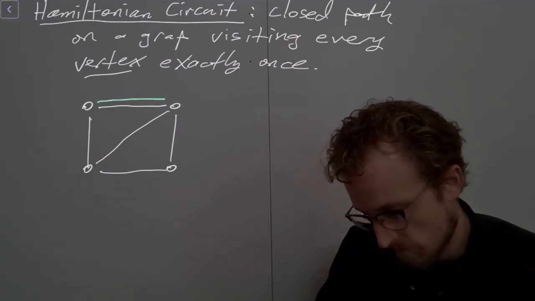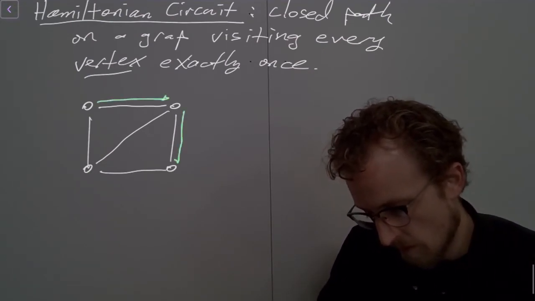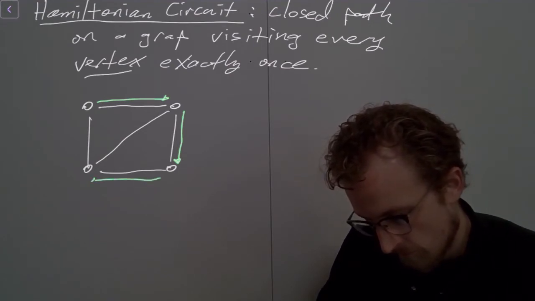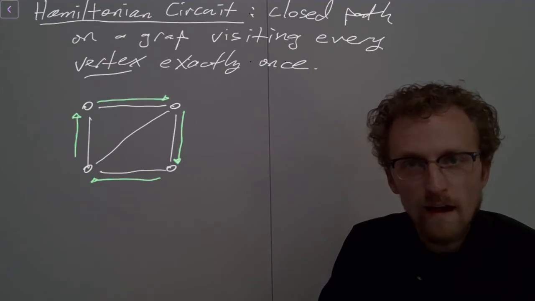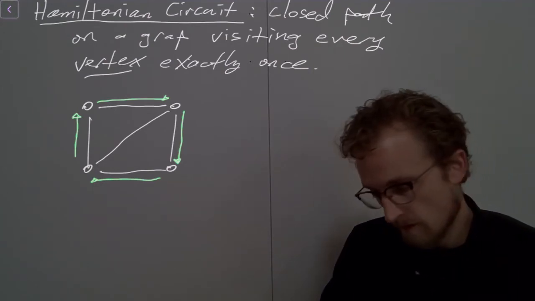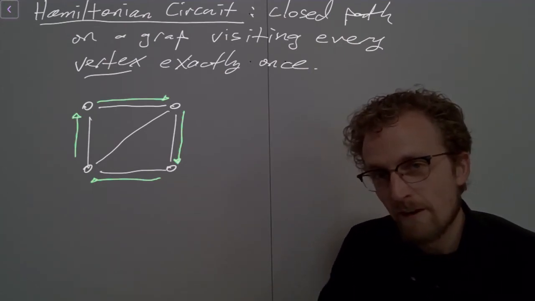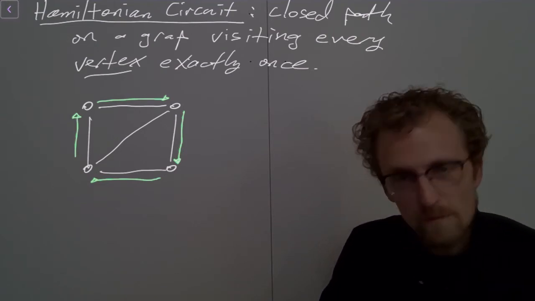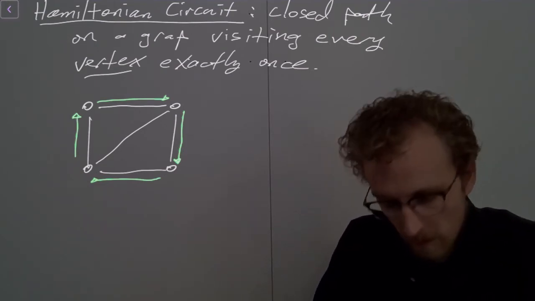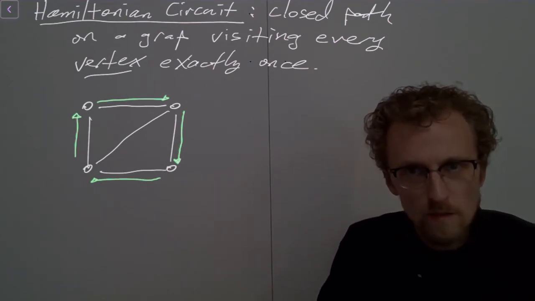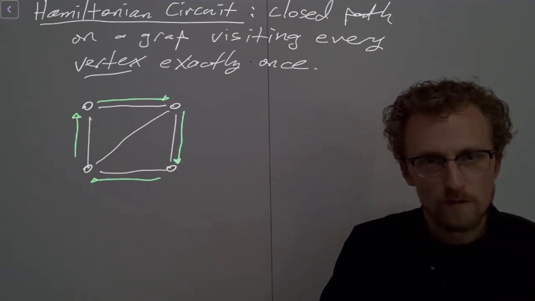Well, there's actually more than one, but here's one example. It goes like this. So now we've visited every vertex exactly once. We didn't visit every edge exactly once, so this is not an Eulerian circuit, but we visited every vertex, so it is a Hamiltonian circuit.